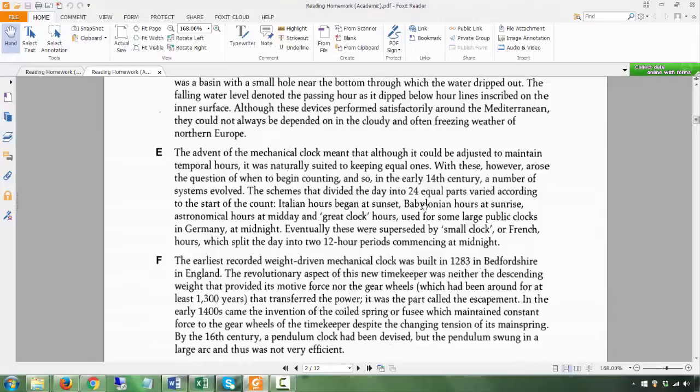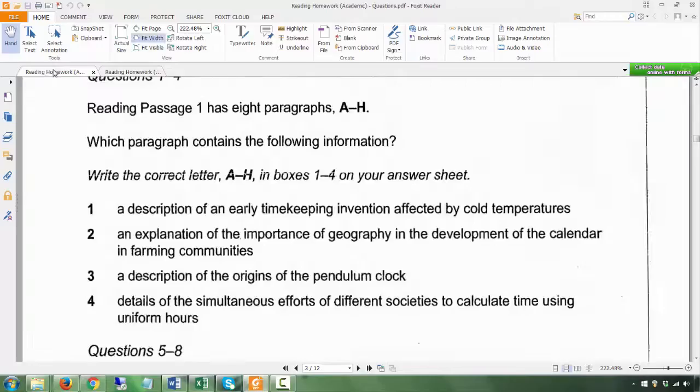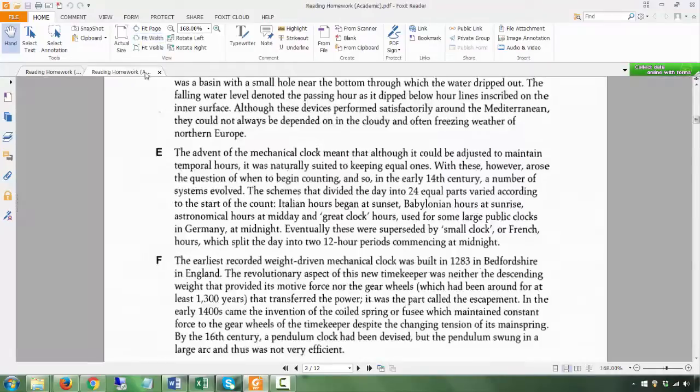So 24 equal parts. Uniform hours. And then it mentions the Italian, the Babylonian, in Germany, in France, the French hours. So here you basically see.